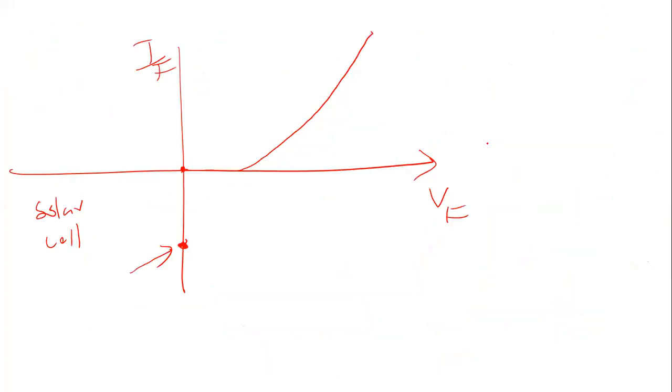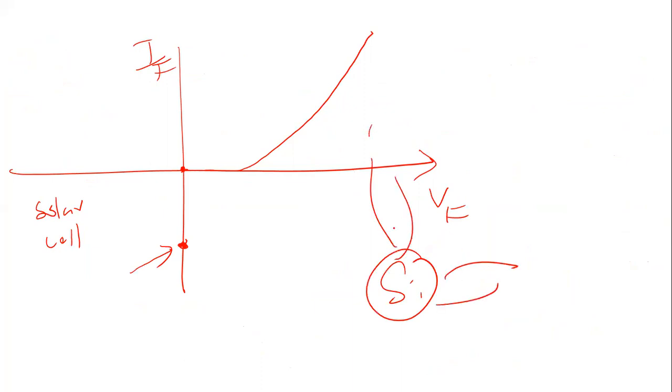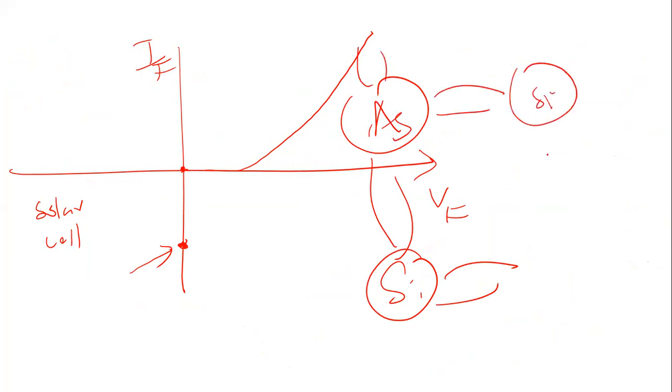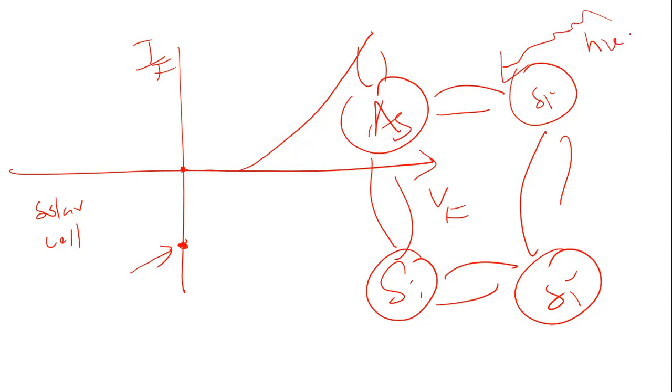Because how do you have electron hole pair formation? Let's say your silicon crystal here. Let's say your arsenic atom, donor atom. Let's say this is silicon. Let's say a photon of h nu of energy greater than the band gap of silicon, the band gap of silicon is 1.1 electron volt, falls on it.